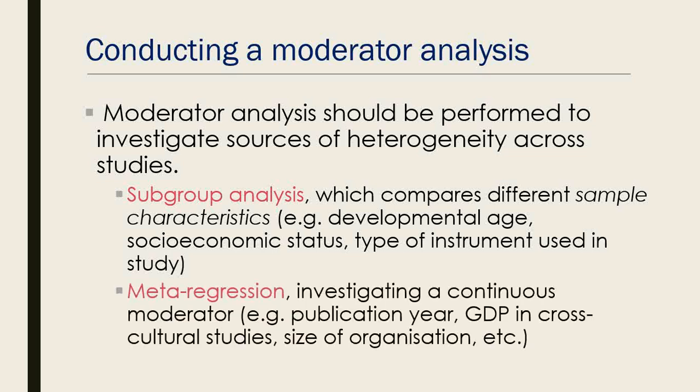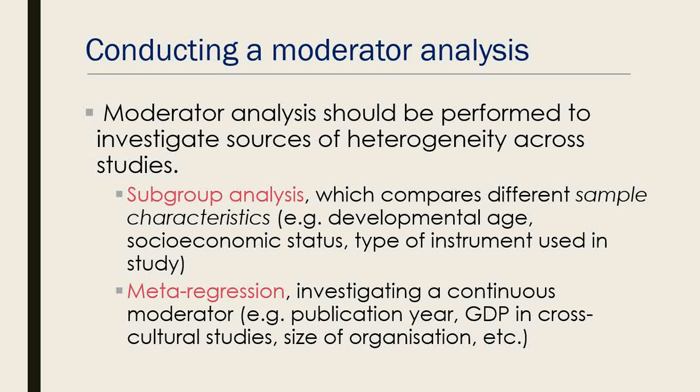And the other technique is called meta-regression, and that's useful for investigating a continuous moderator. Things like maybe the publication year to see if the effect is growing over time or perhaps diminishing.